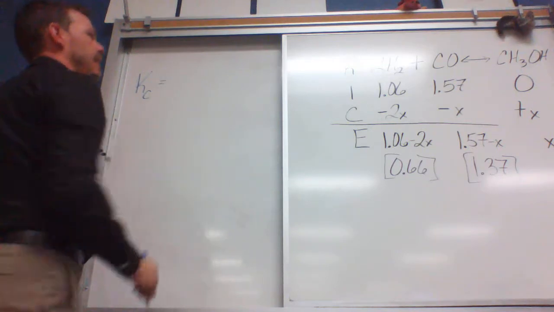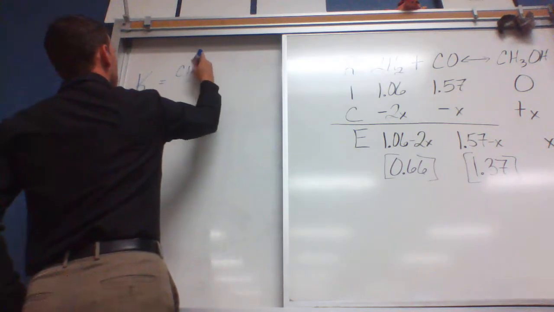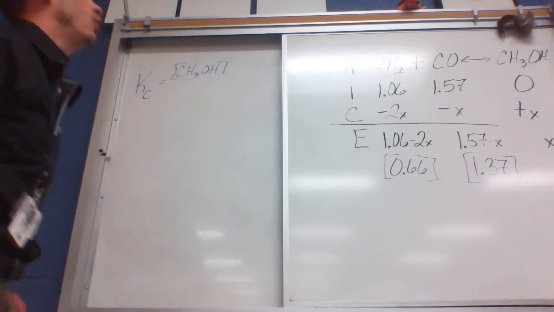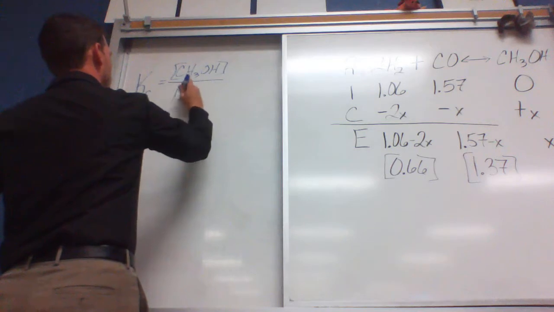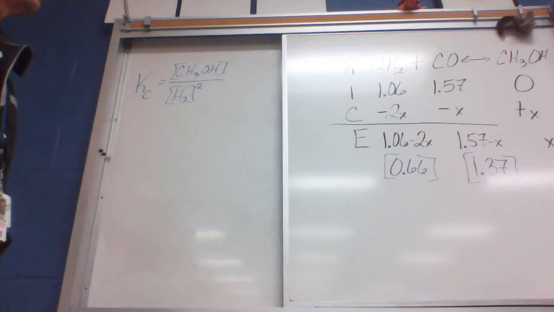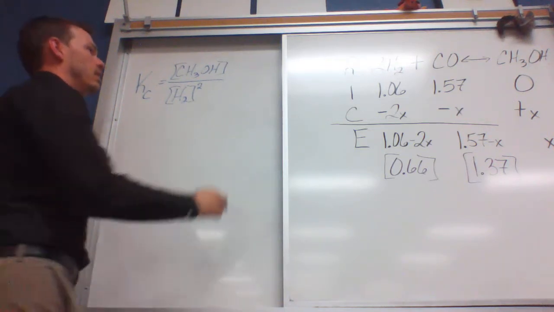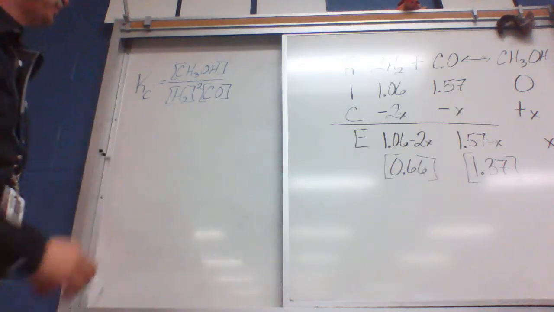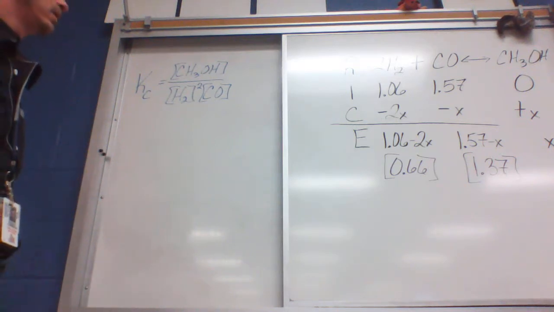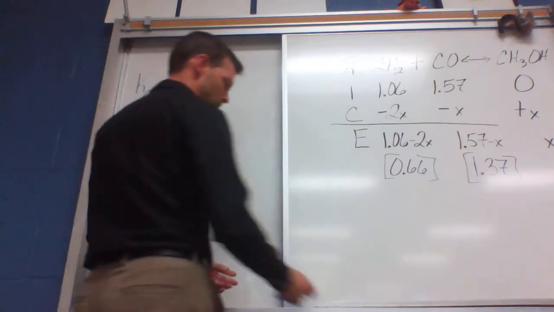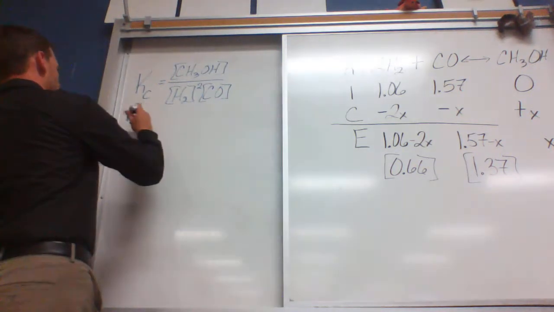By saying Kc equals CH3OH over H2 squared times CO. All right, then we plug and chug.